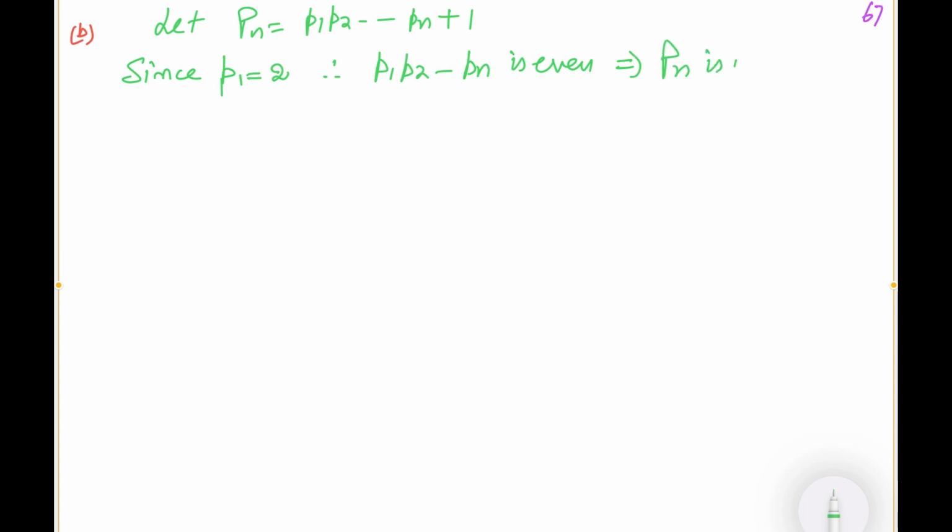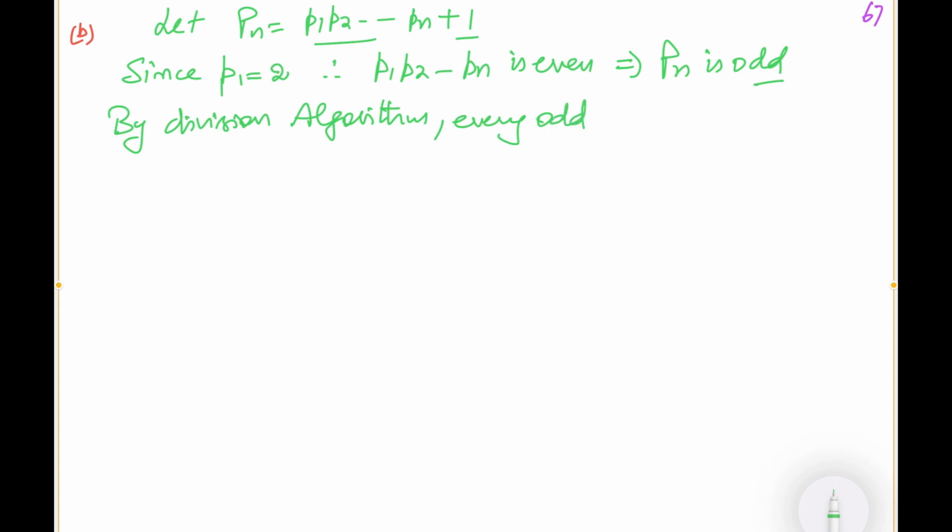So P1P2...Pn plus 1 is odd. Now by the division algorithm, every odd integer, when divided by 4, is of the form 4k plus 1 or 4k plus 3.